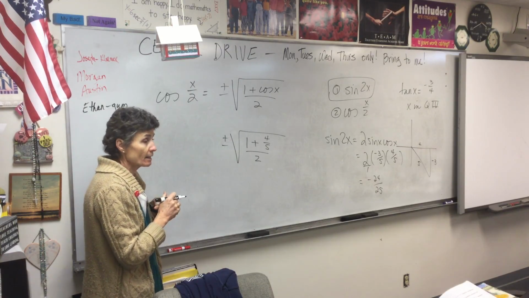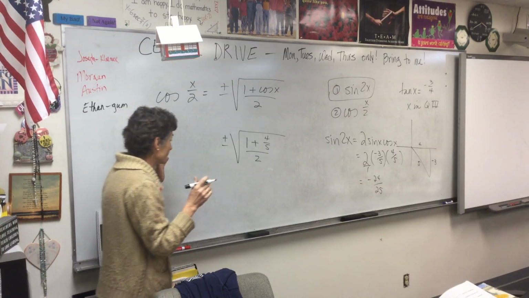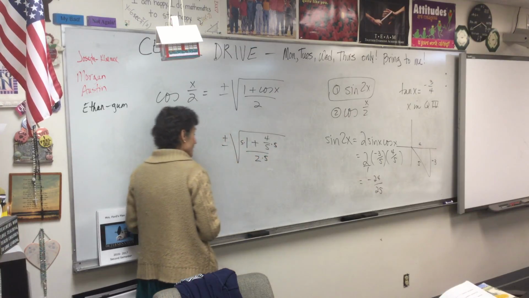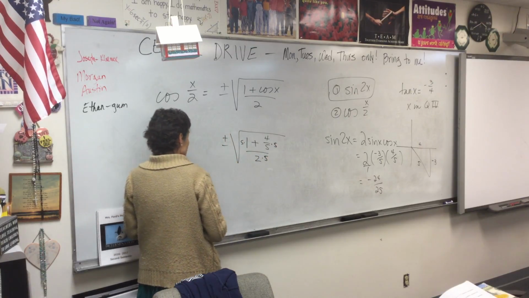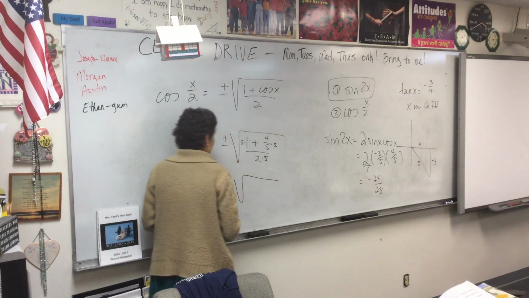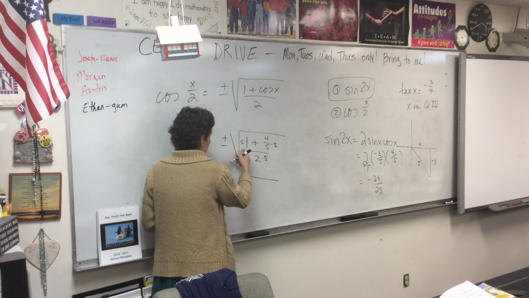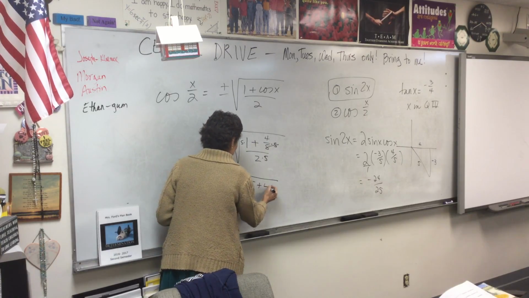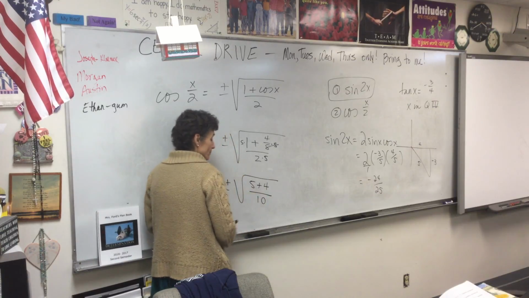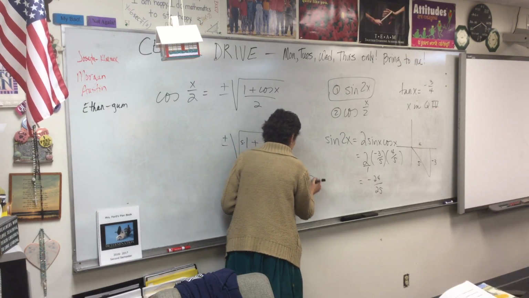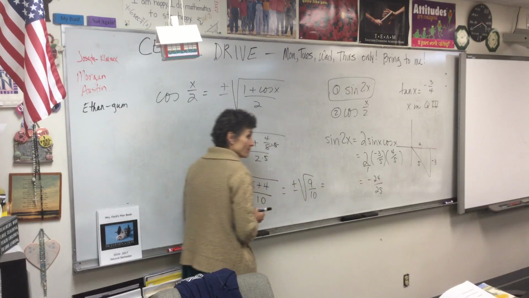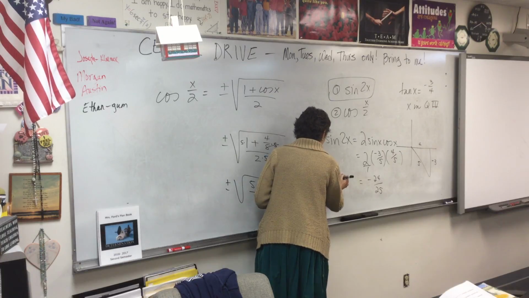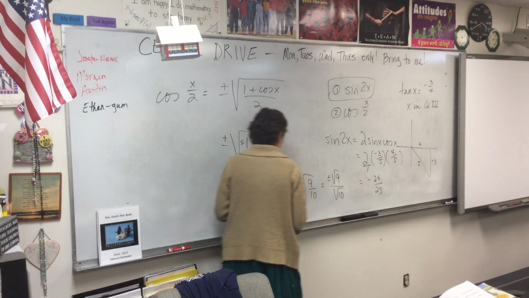Now, you have to clean that up, and again, I don't care how you clean it up. I'm going to multiply everything by 5, because that's what works for me. And I can do it in one step without rewriting a bunch of stuff. So I end up with, on top, what? What do I end up with up here? 5 plus 4, so I end up with plus or minus the square root of 9/10, which is plus or minus the square root of 9 over the square root of 10.